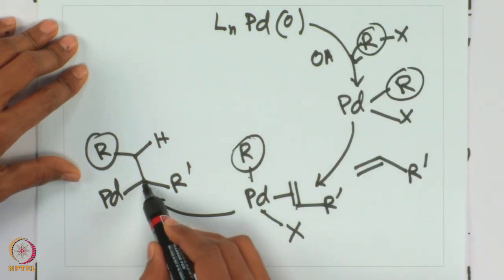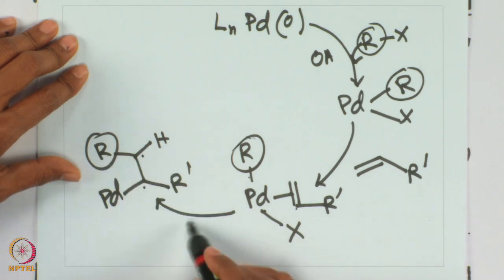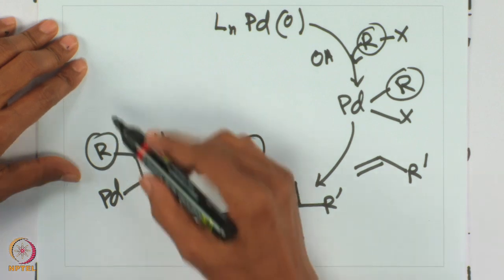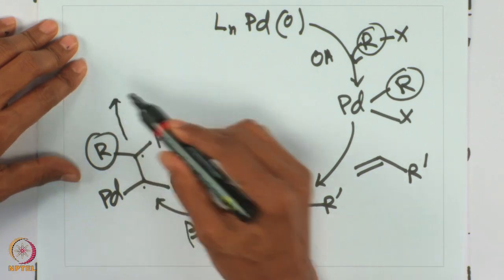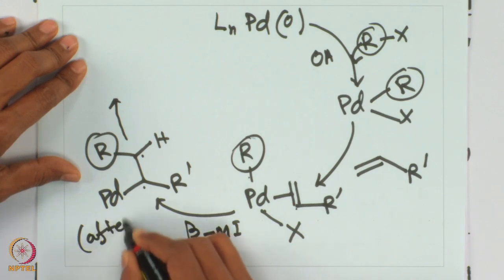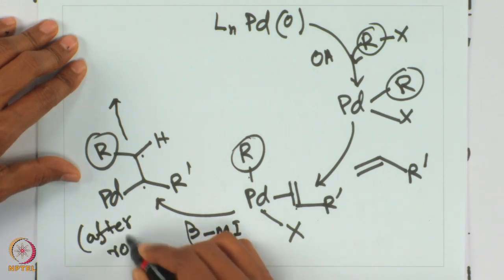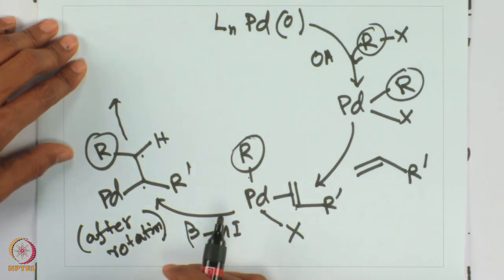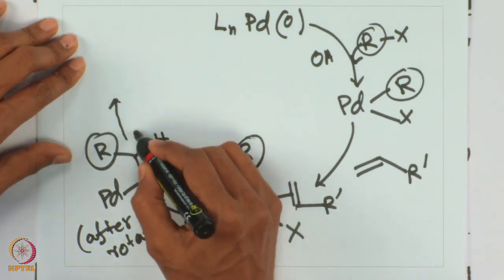Now, it gets inserted at the beta position. So, this is the beta migratory insertion step. From there on, of course, you have to have the desired rotation, where you will get to the right orientation.